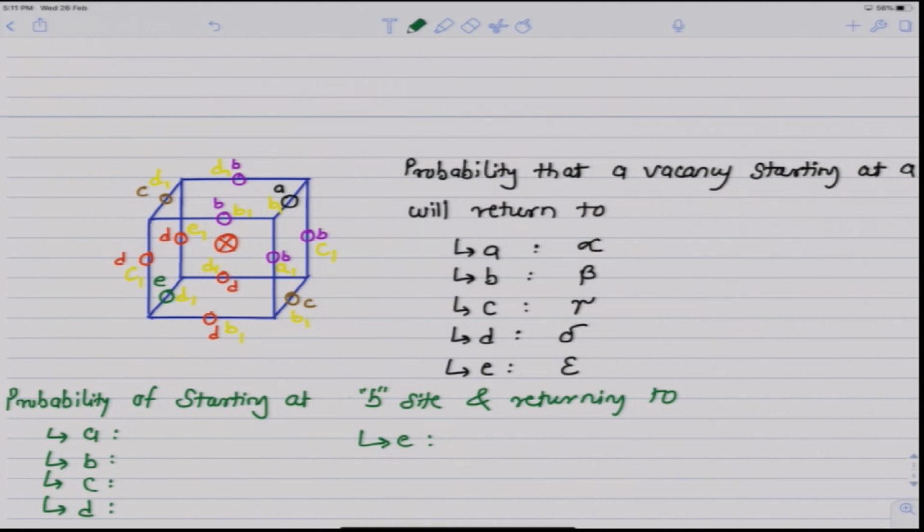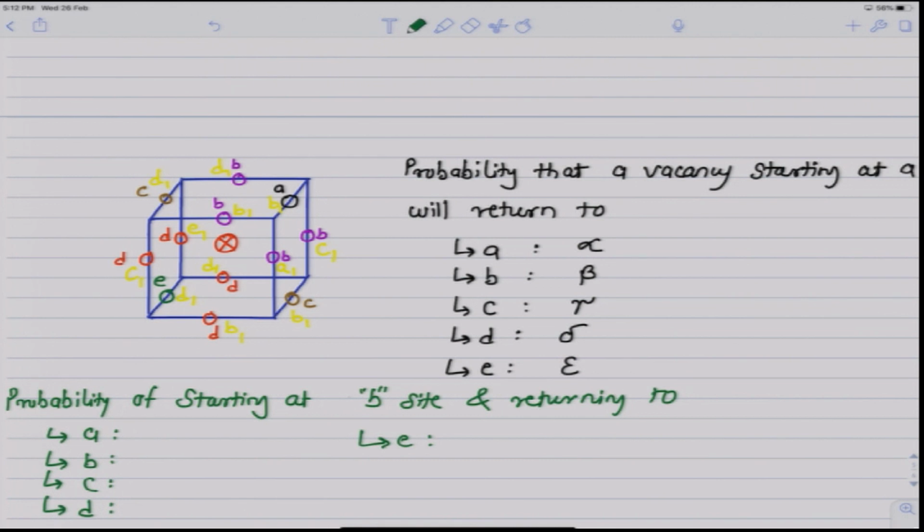To evaluate this, because of the symmetry, we can reorient our cube, which is shown here, such that our B site now becomes an A site, and we redistribute the other nearest neighbors of X in the types A, B, C, D and E. So let us call the reorientation as types A1, B1, C1 and D1.